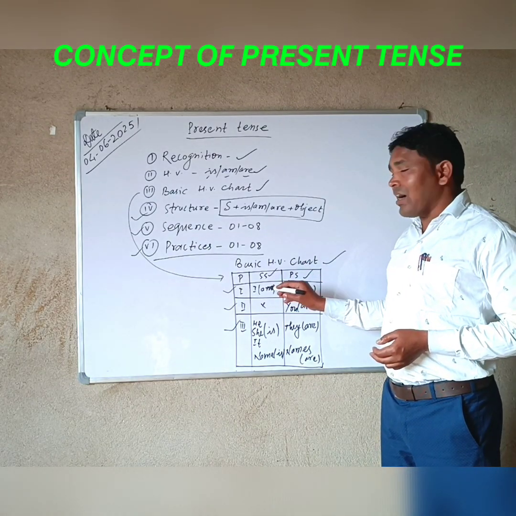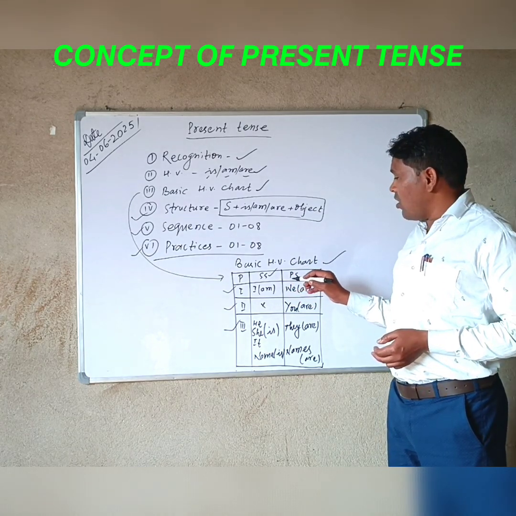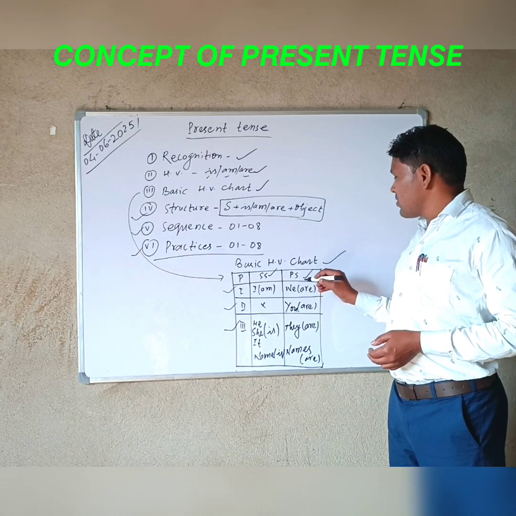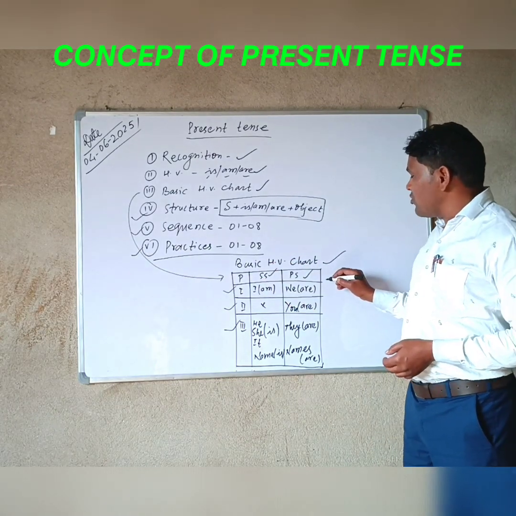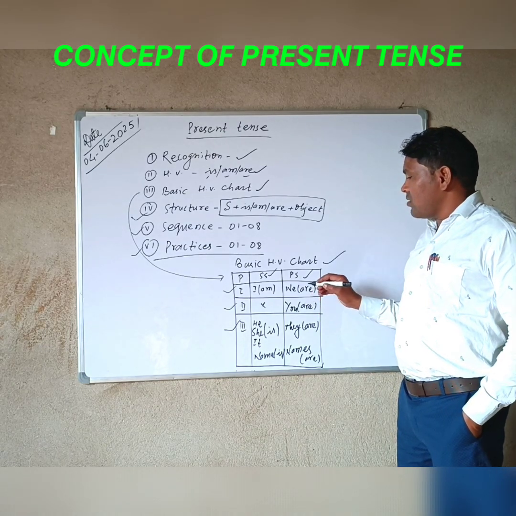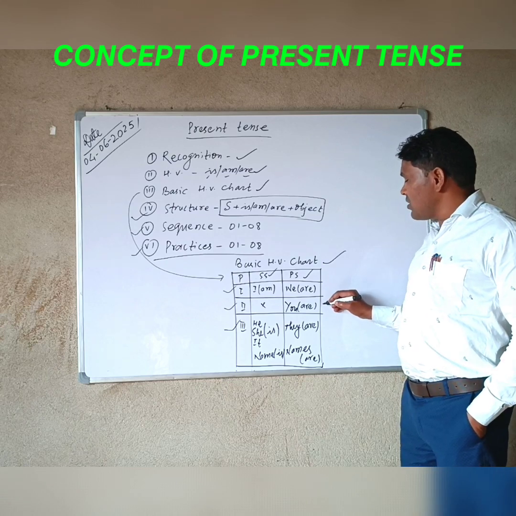With I, the singular subject of first person, am is always used. With we, the plural subject of first person, are is always used. With you, the plural subject of second person, are is always used.